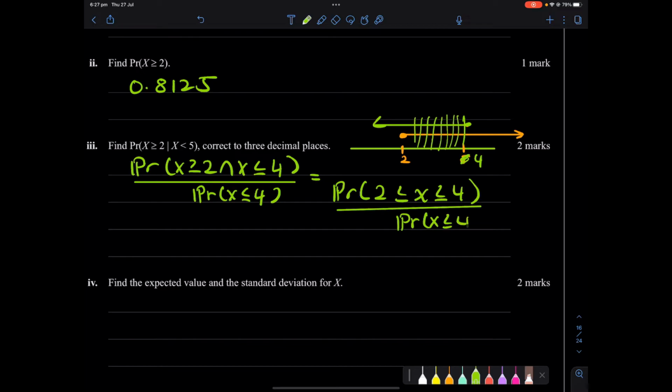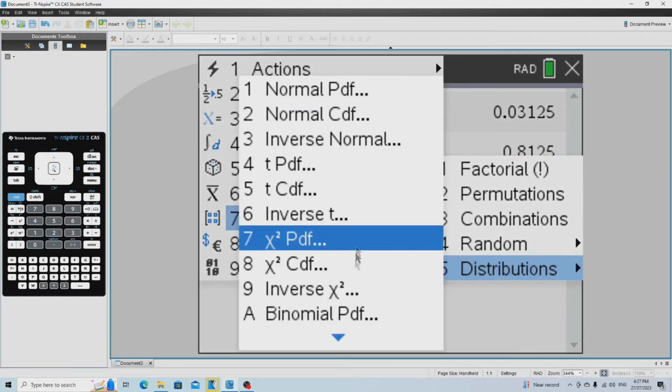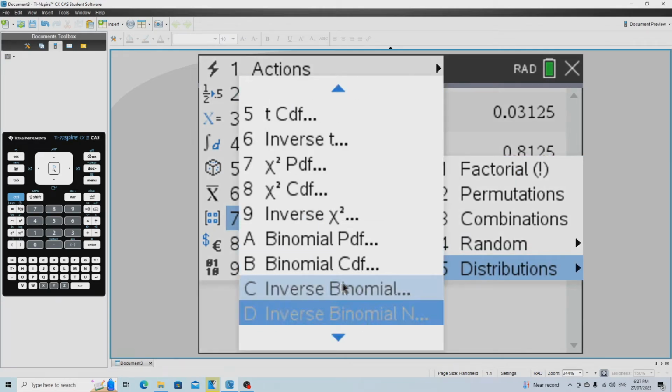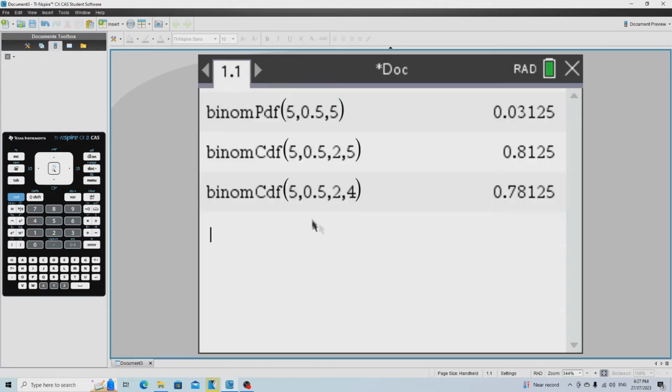Which would be equal to, let me use our CAS. So again, go on probability, go on distribution, go on binomial CDF. Number of trials, again, is 5. Probability of success is half. Lower bound, okay, let's do the top part. So we're going from 2 to 4. That's the first one. I'm going to copy that again.